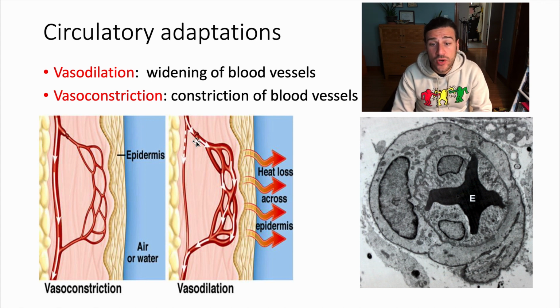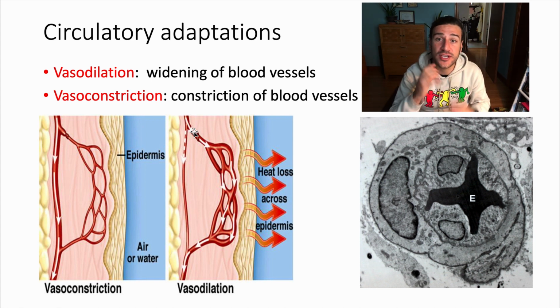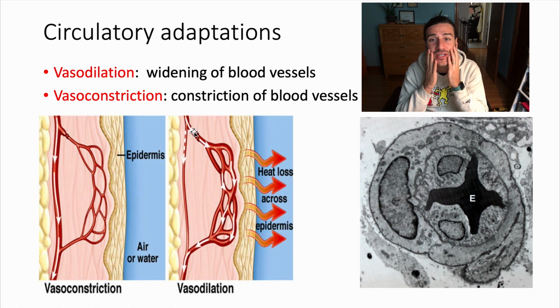Vasodilation is the relaxation of this sphincter muscle, and when it relaxes, more blood moves to the surface. So the reason why you get all flush and red is because there's more blood reaching the surface parts of your skin.